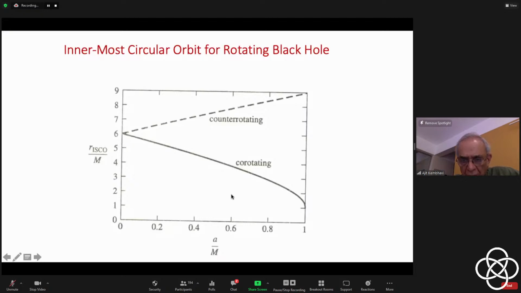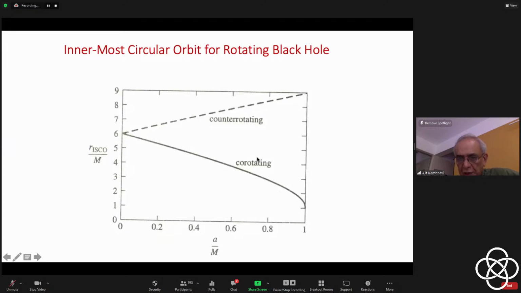Now what happens is that if you have a rotating black hole, then you have got different values of A by M. And what you can do is find the ISCO corresponding to each value of A. This is from Hartle's book, and this is a plot of r_ISCO by M against the value of A by M.